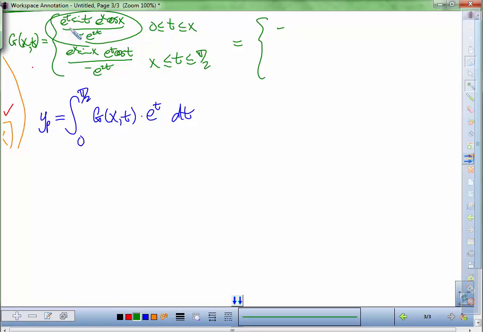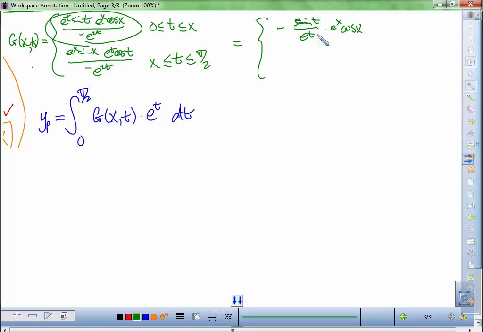The e to the t will cancel here. We have sine t over e to the t times e to the x cosine x. Because I'm going to be integrating with respect to t, I'm going to get all the stuff with the x's in it and move it outside of the integral anyways.